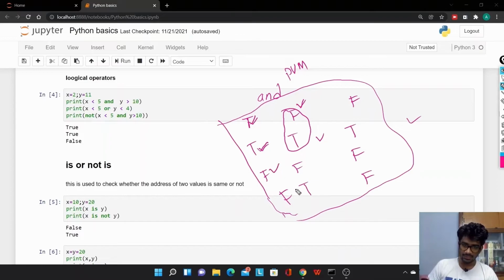If the first case is false, we never check the second case. Please keep that in mind. Why don't we check the second case? For the AND condition to be true, both cases should be true. When you fail in the first case, there is no need for us to check the second case. So keep in mind that in the AND operator, only if the first case is true do we check the second case.